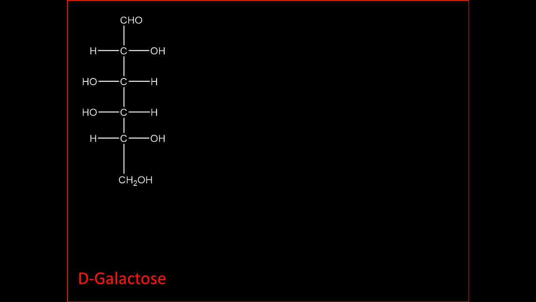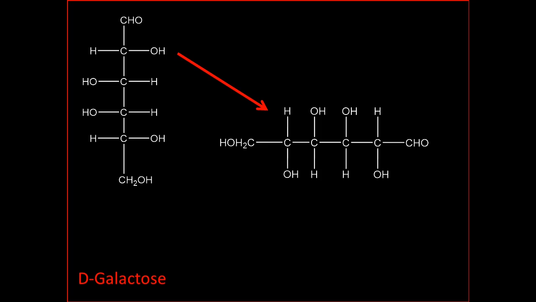So the first step, we have actually a Fischer projection, or we call this one an open chain type of structure of our D-galactose. Now, what is the first step for Haworth projection? The first step is let's lay it down, or make it into a horizontal position.